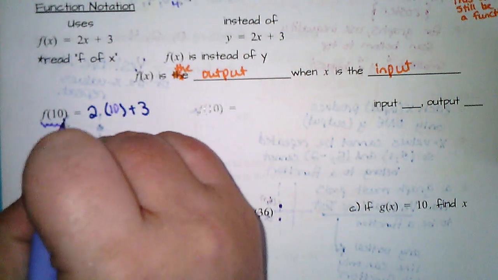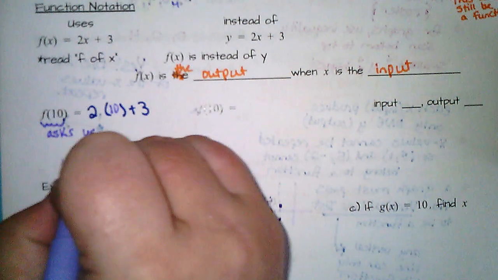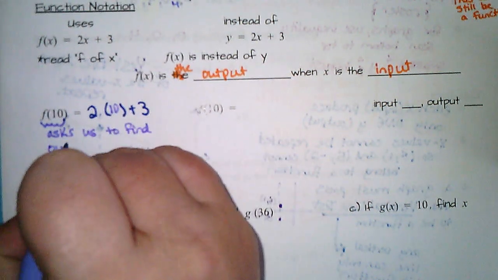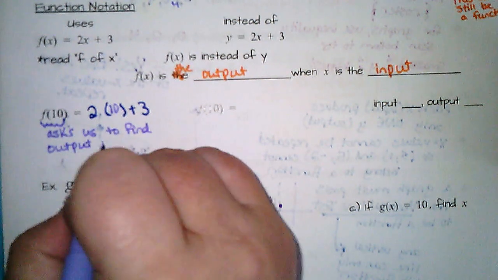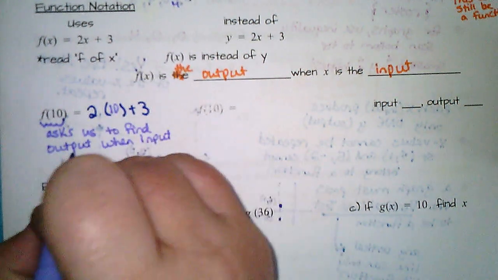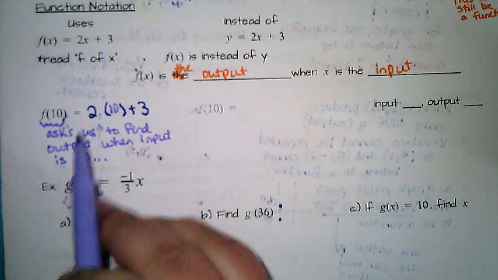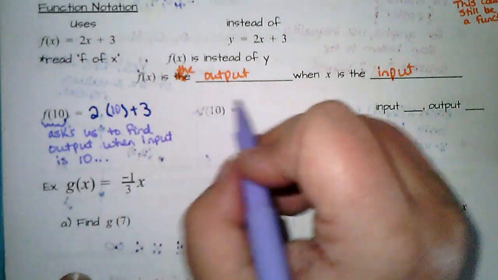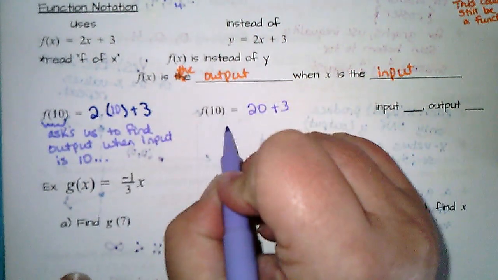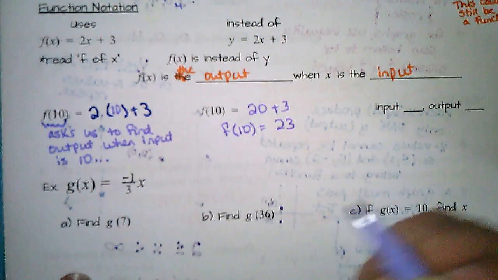So what this does is it asks us to find the output when the input, or the x value, is 10. Okay? So f of 10, 2 times 10 is 20 plus 3. So f of 10 equals 23.